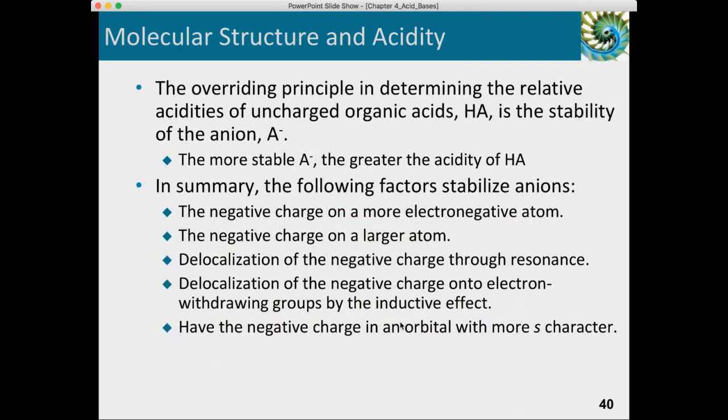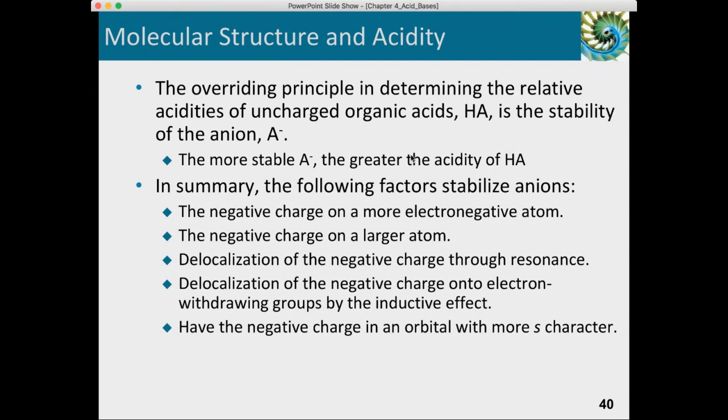So, in summary, the overriding principle in determining the relative acidity of uncharged organic acids is stability of the anion. So if you compare acidity of 2, 3, 4 molecules, you draw the conjugate base and you compare stability of conjugate bases. The more stable the conjugate base, the greater the acidity of the molecule.